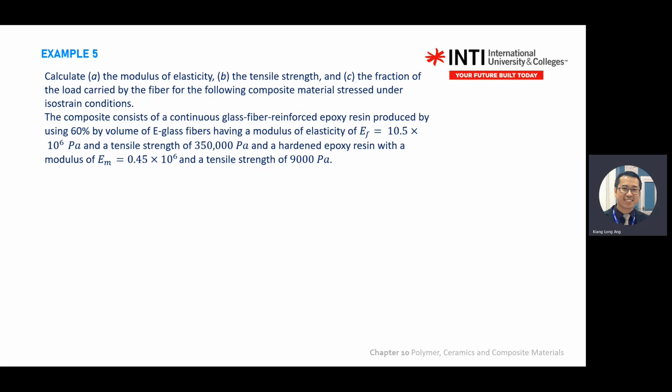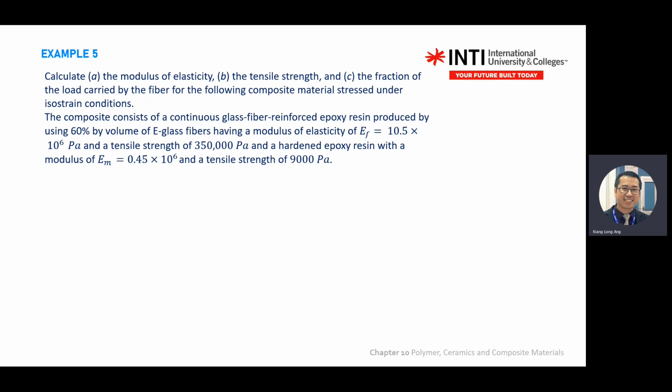Then the tensile strength, which is the maximum strength that you have, or UTS. And the fraction of load carried by fiber for the following composite stressed under isostrain condition.